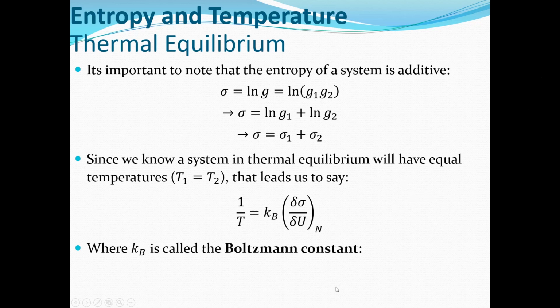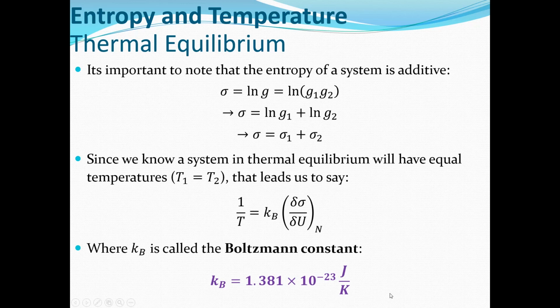I can't think of exactly where it's coming from, but it's another equation that we had from the thermodynamics section that relates the change in entropy to this, 1 over T being equal to KB, where KB is defined as the Boltzmann constant and is given this specific value.